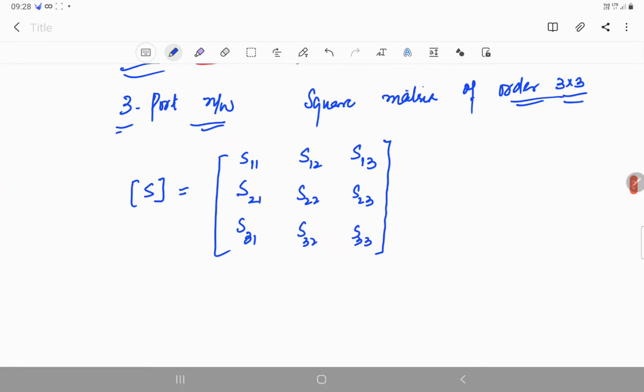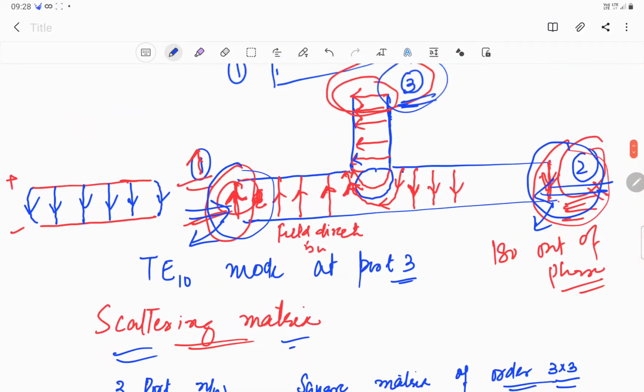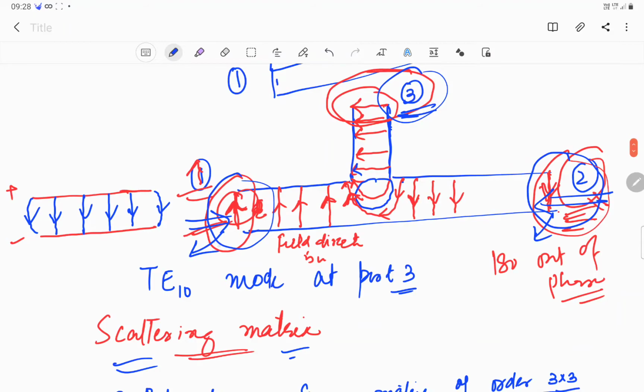So our aim is to find these S parameters in order to find the various properties of this E-plane T junction. Another thing that we have seen is that the signals coming out of ports 1 and 2 are 180 degrees out of phase. If I feed a signal at port 3, it comes out at ports 1 and 2 with a phase difference of 180 degrees.